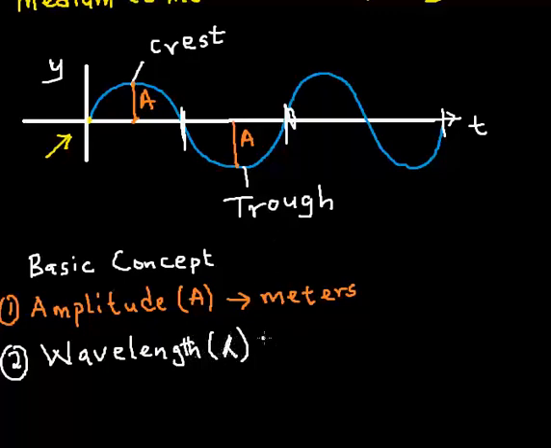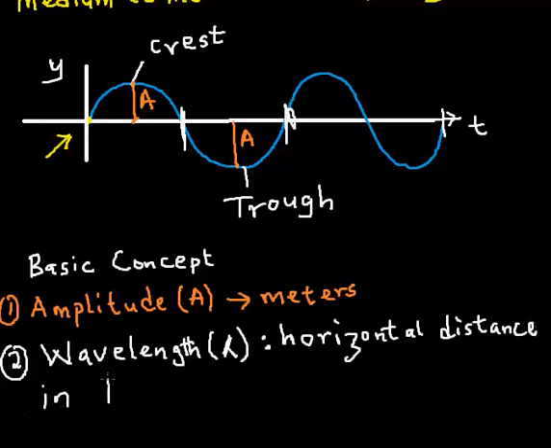The wavelength of the wave is the horizontal distance that the wave covers as it makes one cycle. So the horizontal distance you measure as the wave makes one cycle is one wavelength. It simply means that the distance measured from this point to this point, where the wave makes one cycle, is the wavelength of the wave.